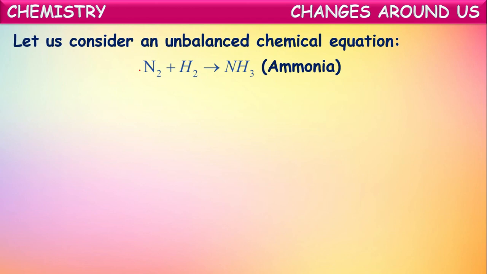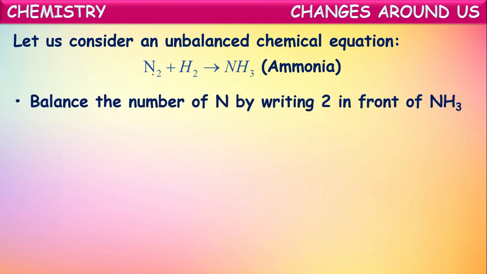If you observe here, the number of atoms of nitrogen on the left hand side is 2. What about on the right hand side? There is only one nitrogen atom. So it is not balanced. Even if one element is not balanced, then the overall equation is said to be unbalanced equation.